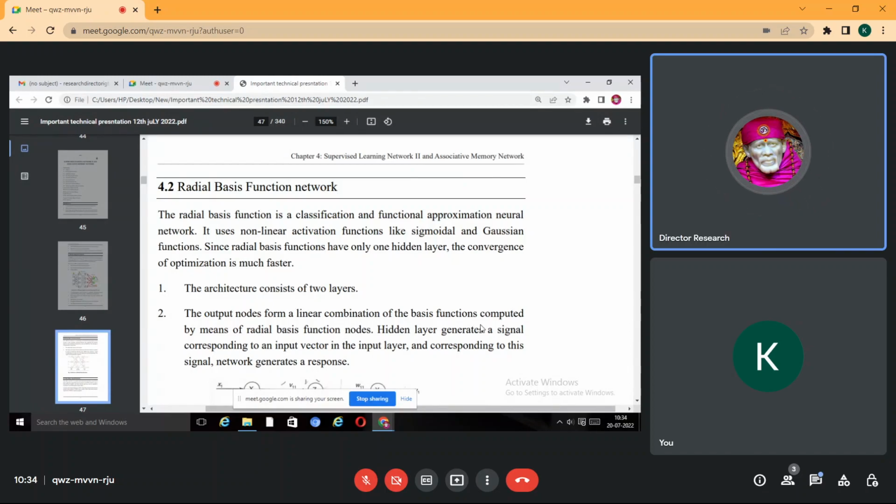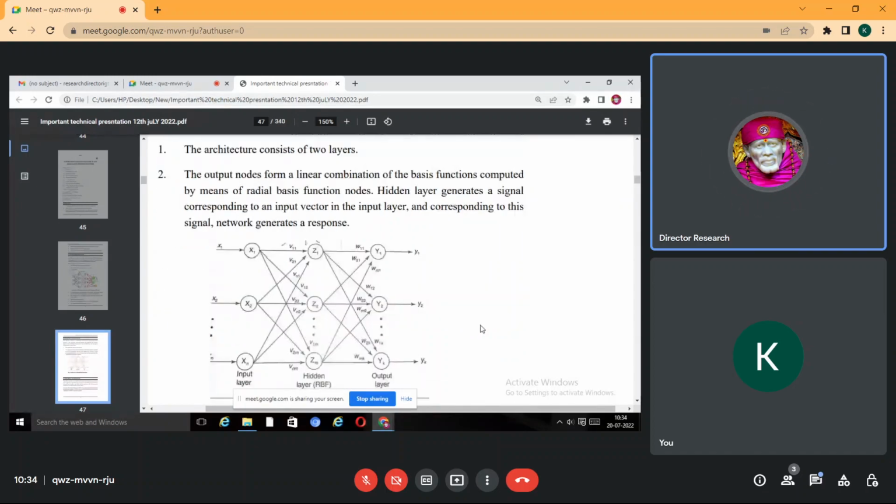The architecture consists of 2 layers. The output nodes form a linear combination of the basis functions computed by means of radial basis function nodes. The hidden layer generates signals corresponding to an input vector in the input layer, and corresponding to this signal, the network generates a response.